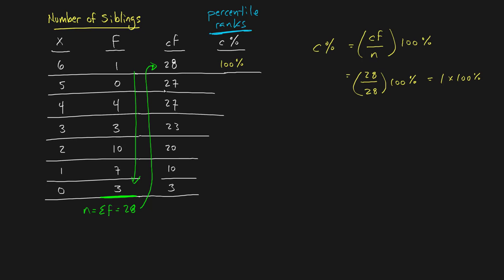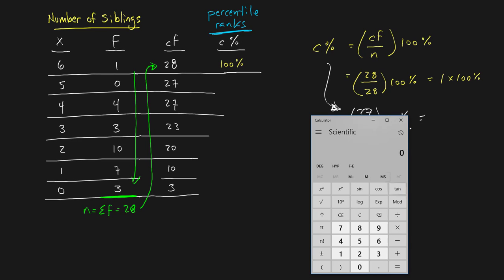Well, let's try substituting in the 27. So instead of the 28 being subbed in, it's going to be 27 over 28. Multiply that one by 100%, and that's going to give us how much? So I'll do 27 divided by 28, and then multiply this by 100%.